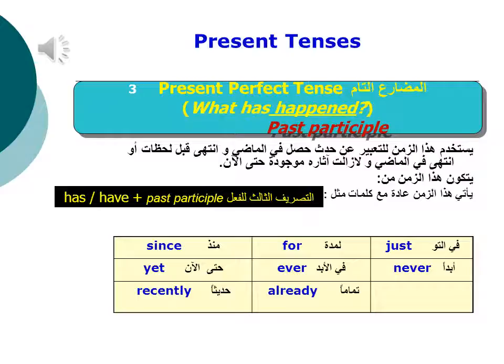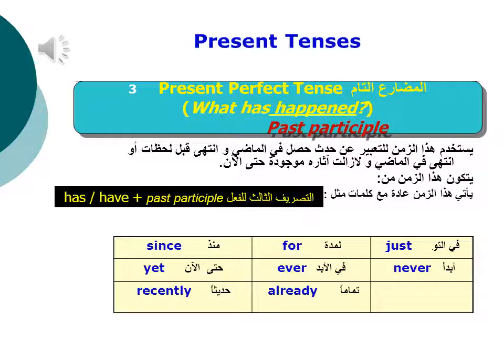And it's used also to refer to actions which have a result in the present time. And it's also used to refer to actions in a period of time which is not yet finished. And also it refers to experiences in one's life.